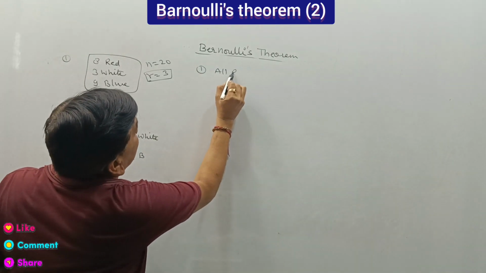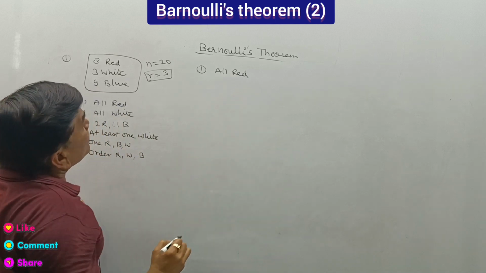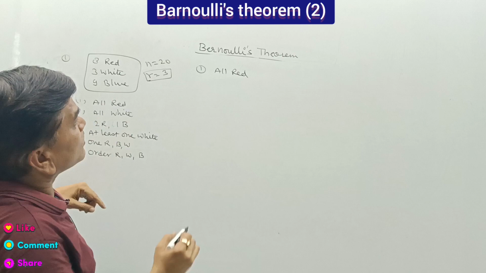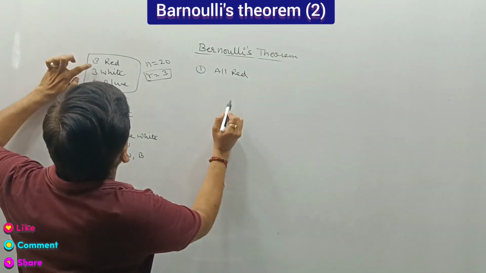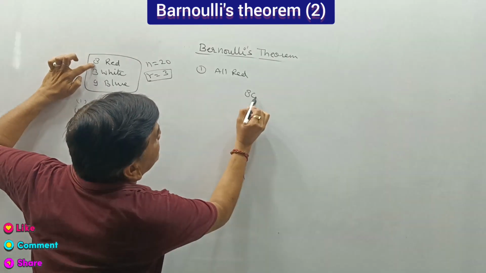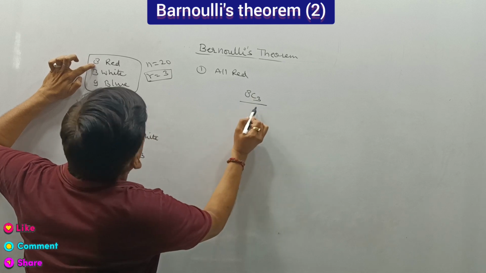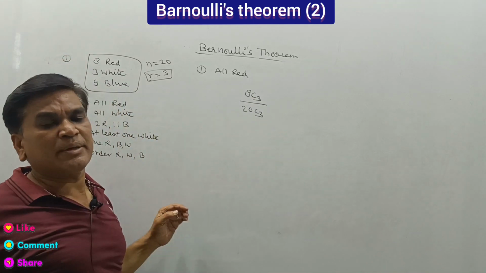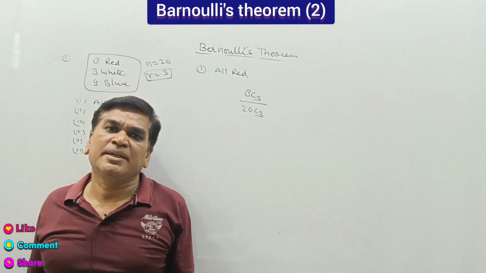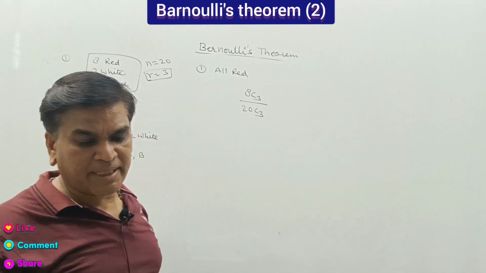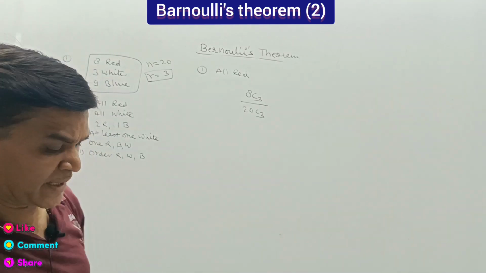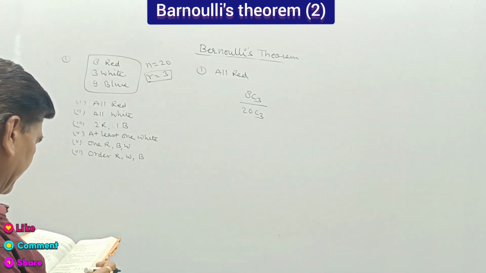For getting 3 balls from 20, all red, so red is 8, so there will be 8C3 divided by 20C3.